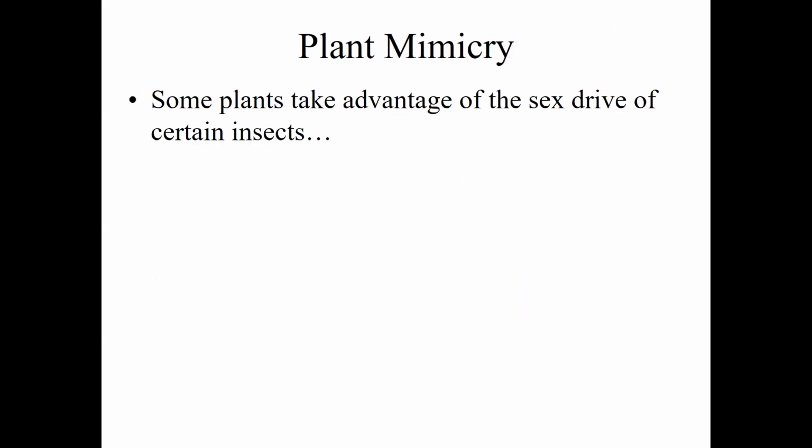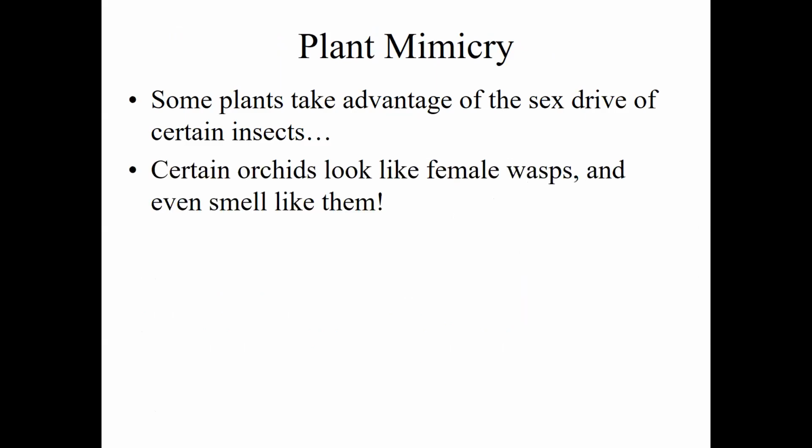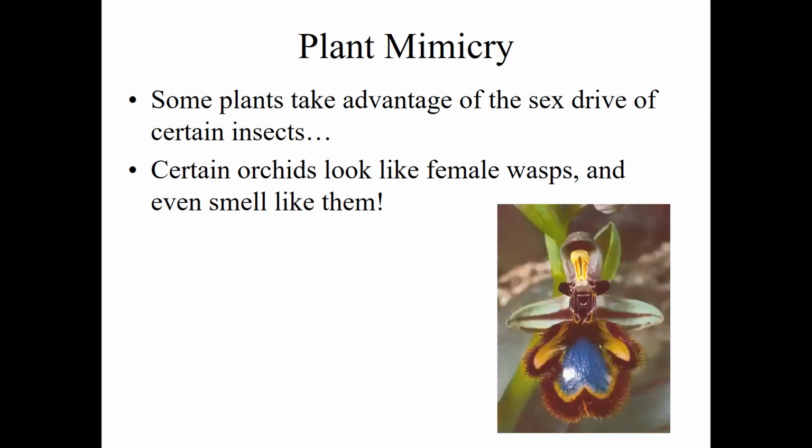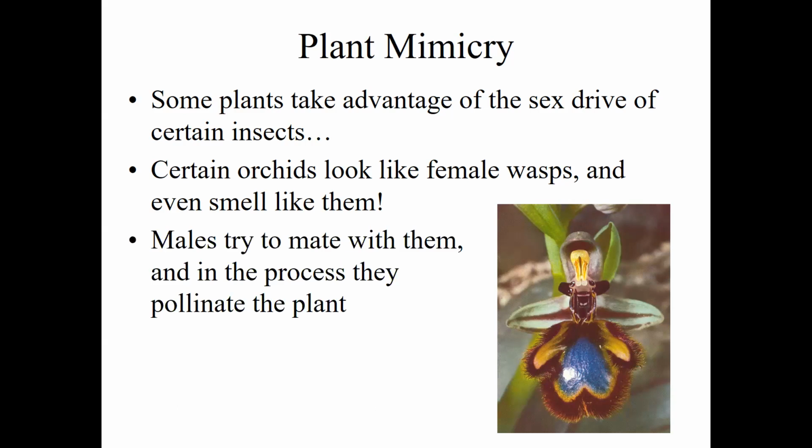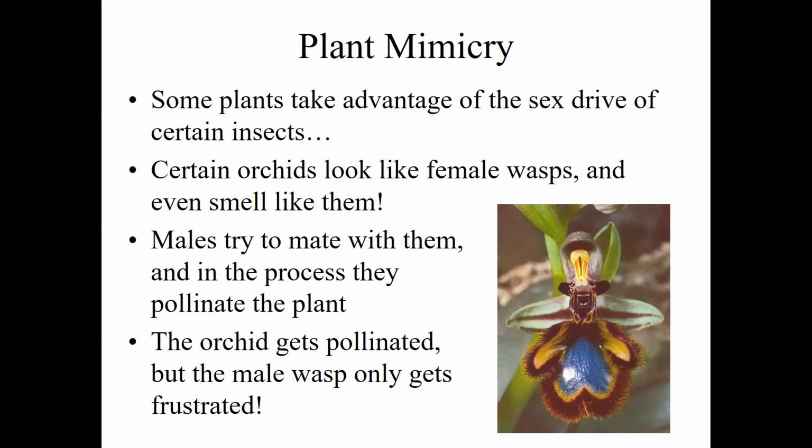Plant mimicry: some plants take advantage of the sex drive of certain insects. This is really funny. Certain orchids look like female wasps and even smell like them. Males try to mate with them, but in the process they pollinate the plant.